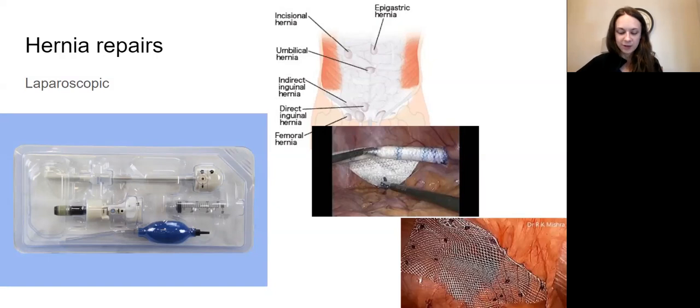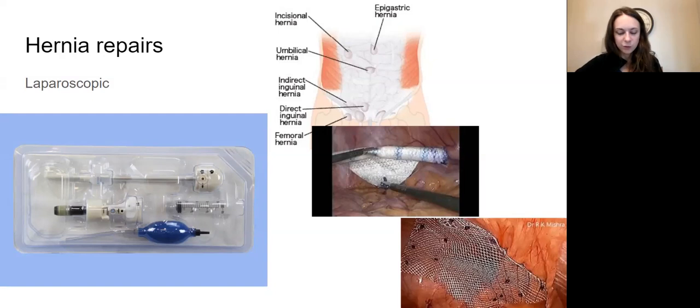Page 477. So example, look at the groin. It goes over inguinal hernias, and it even tells you males, direct or indirect hernias. And then if you look at femoral hernias, 97% female. So sometimes it's easy to guess just based off the type of hernia if it's male or female. So inguinal more likely is going to be a male, whereas femoral is usually going to be a female.